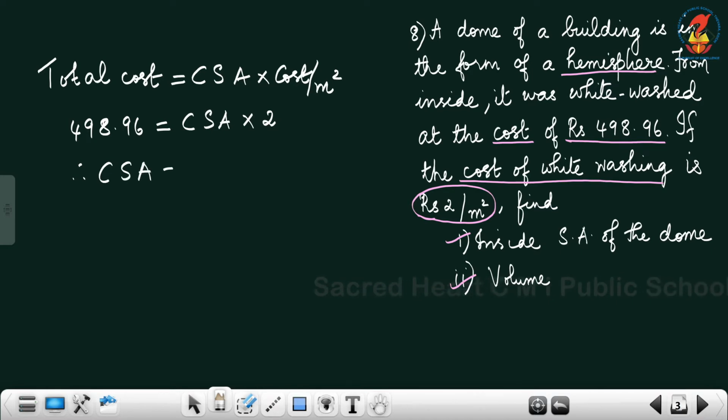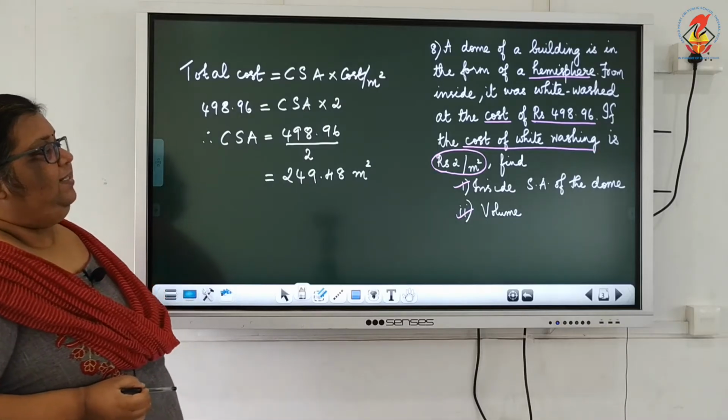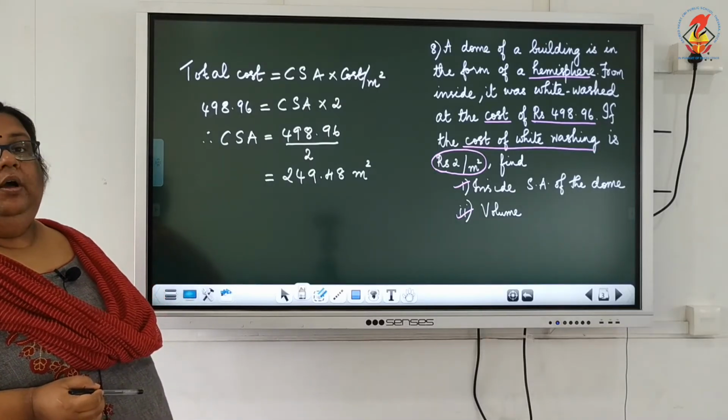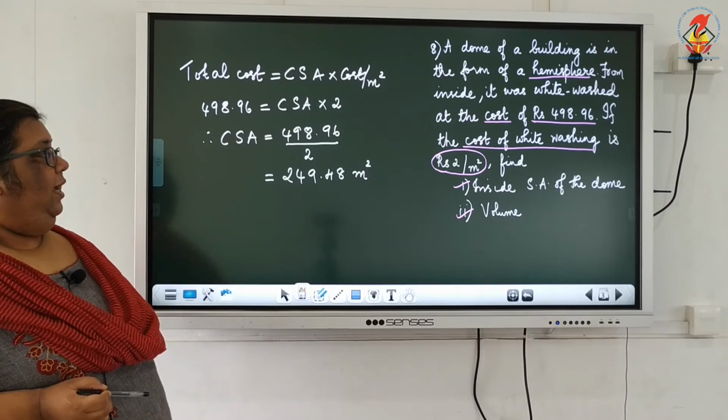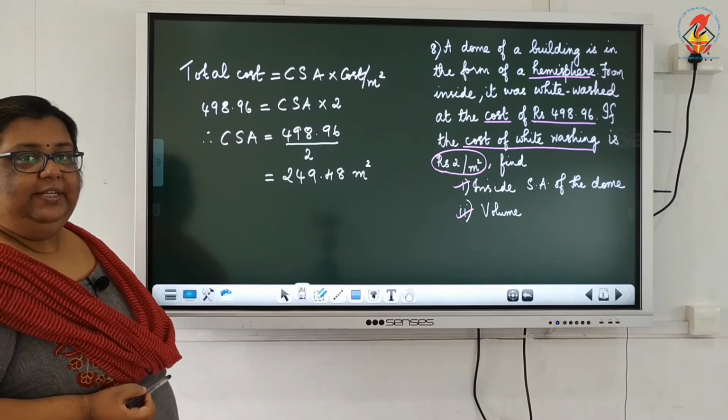Therefore, CSA is equal to 498.96 by 2. When you divide, you will get the answer as 249.48 meter square. So the first part is over. Inside the surface area of the dome, it is 249.48 meter square.